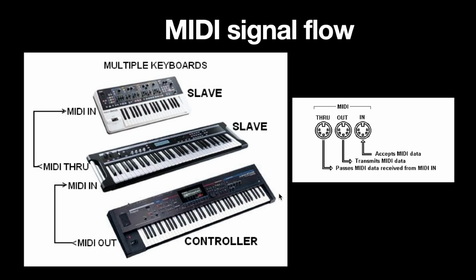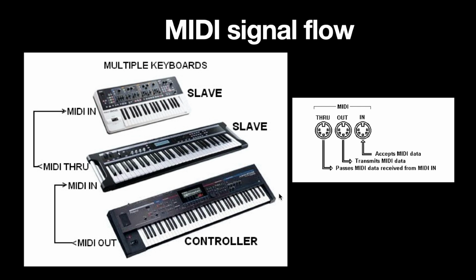We would have a bunch of keyboards, we would route them all together, and we would make sounds this way. So we have our MIDI out that goes into the MIDI in of a keyboard. And that's 2 keyboards playing back at the same time. So the MIDI out is really the keyboard part. And the MIDI in is really only affecting the sound part. The MIDI in doesn't have anything to do with this second keyboard here.